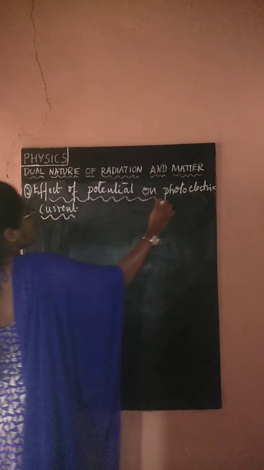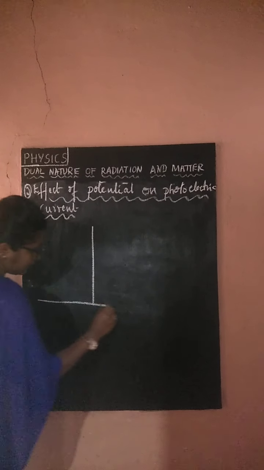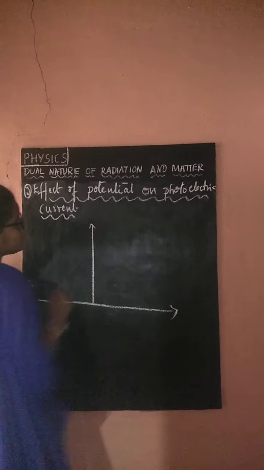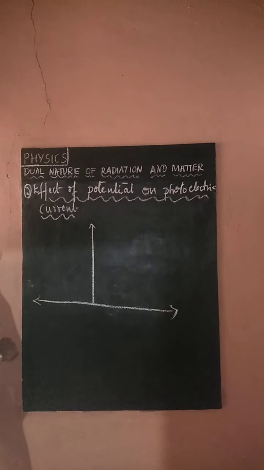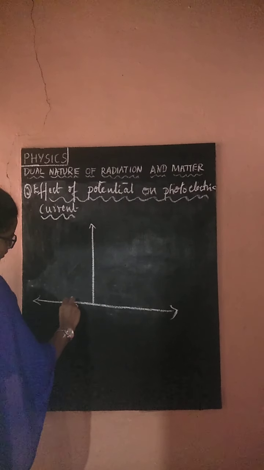Effect of potential on photoelectric current. I will draw the diagram before explaining. Yes, this is the graph. I am going to draw the diagram before the explanation.